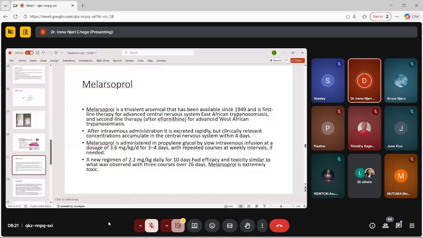Now we have the other one, American trypanosomiasis or Chagas disease. We said the pest is actually the triatomine bugs, which we can also call the Ludwig bugs. These triatomine bugs carry the infection in the stool.